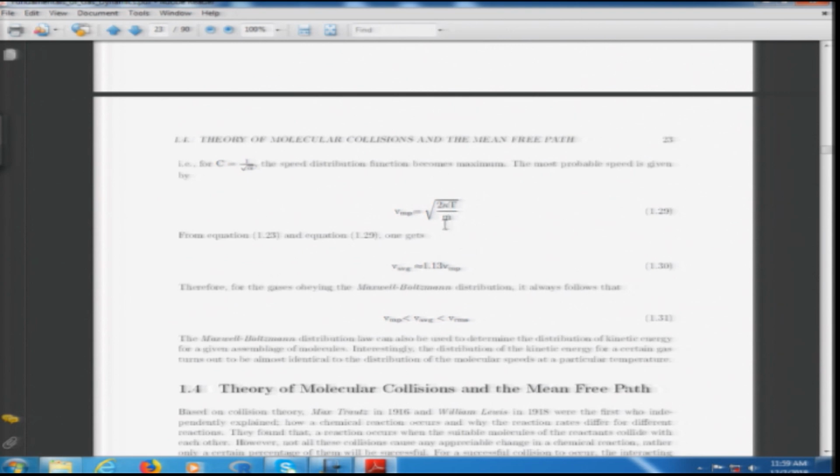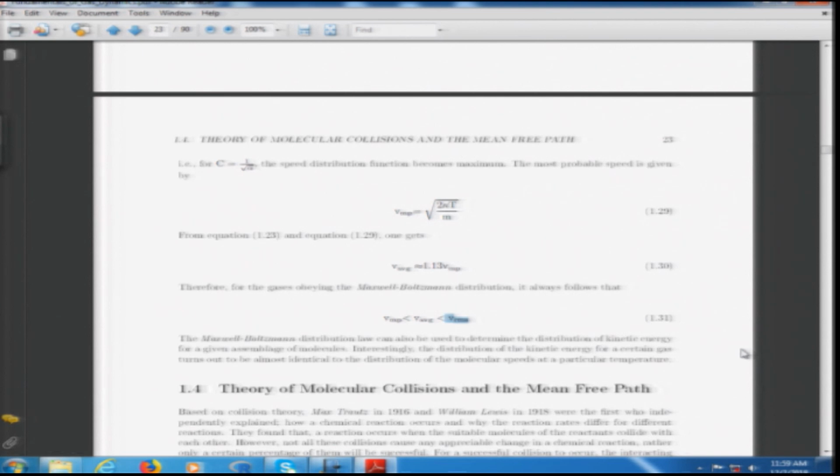And now, comparing this with the average, we can say the average speed V average is equal to 1.13 Vmp. That means for a particular speed distribution function, the three molecular speeds show the nature something like this. That is, the most probable speed Vmp is lesser than V average, which in turn is lesser than Vrms, that is root mean squared speed.